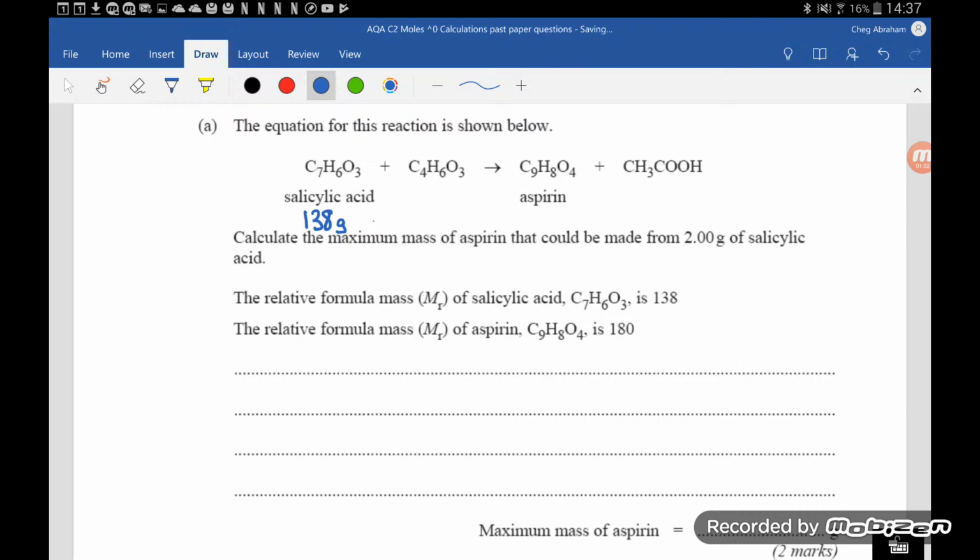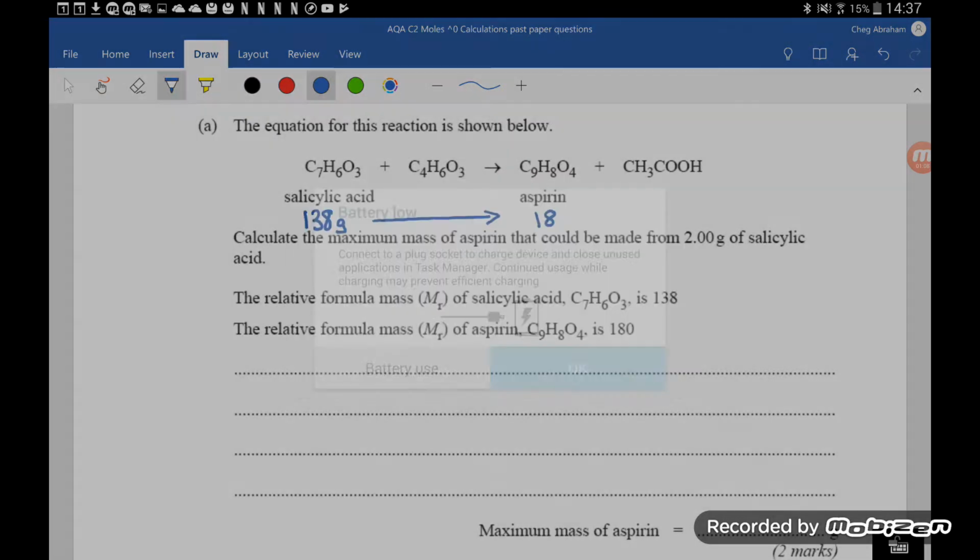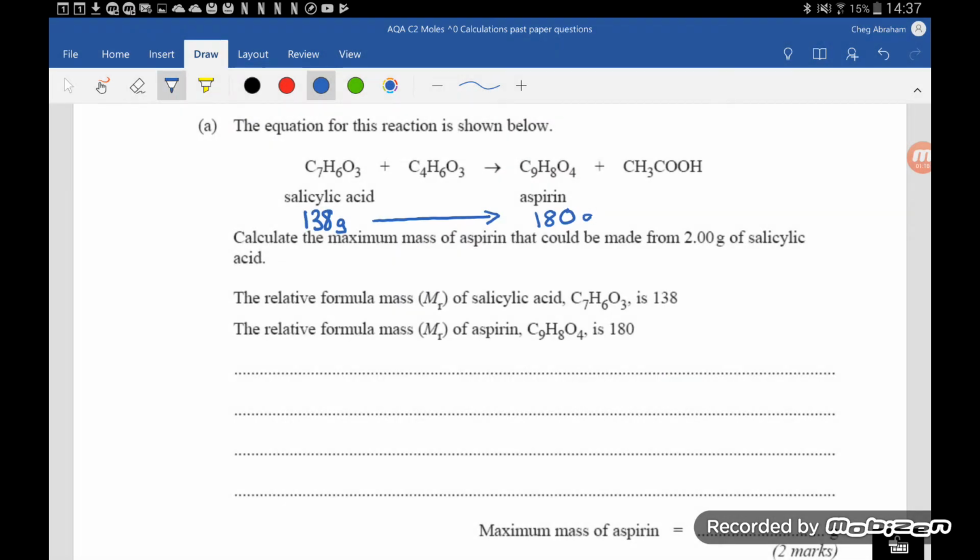So we know that from this equation, 138 grams would usually make 180 grams of aspirin. But we don't have 138 grams. They've given us 2 grams of salicylic acid. So instead of 138, we have 2.